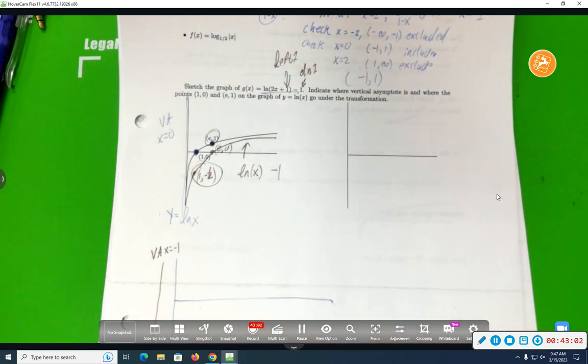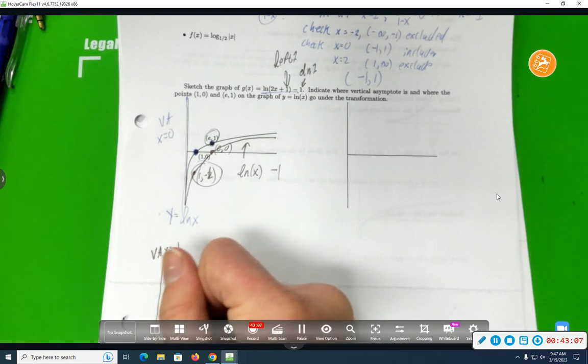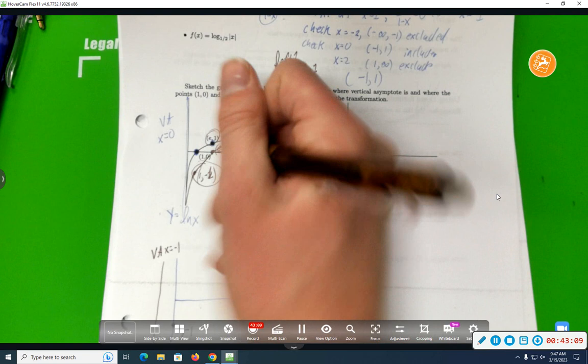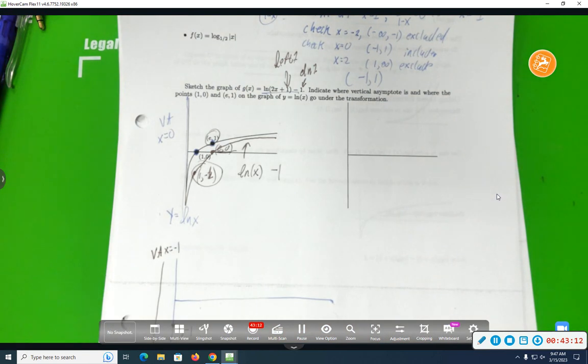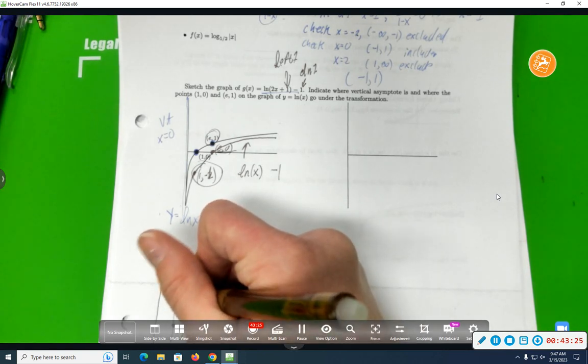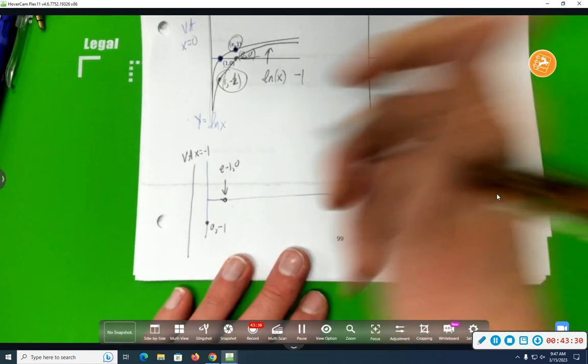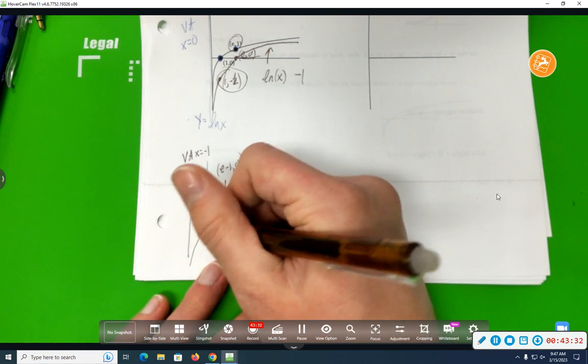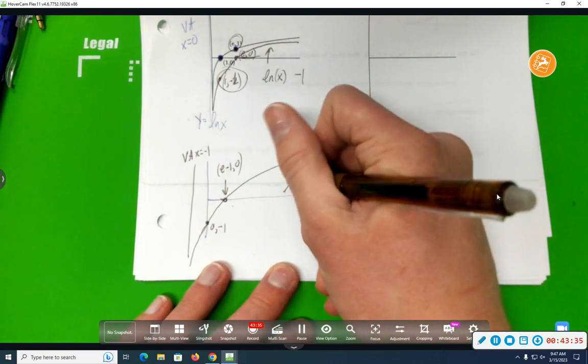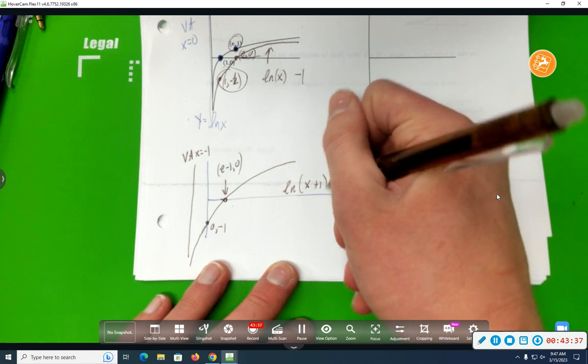This point at 1 comma negative 1, where will it go? 0, negative 1. Where will this point at e comma 0 go? I guess whatever e minus 1 is, right? Which is like, if e is 2.7-ish, it'll be 1.7-ish. But e minus 1 is fine. So there's the graph of ln of x plus 1 minus 1.